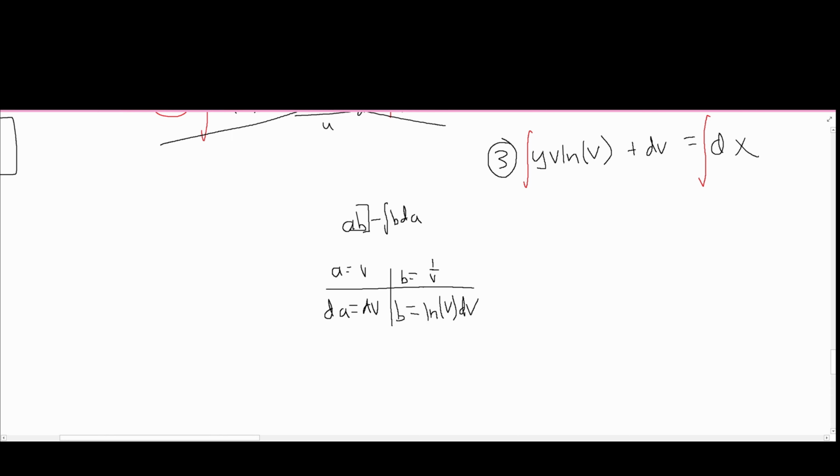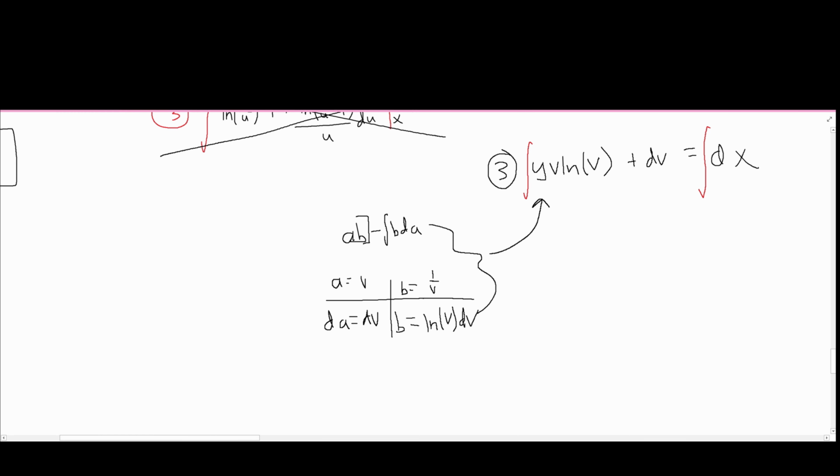So plugging this part into here, we get y on the outside. So we have a, so a and v together is just going to be 1.